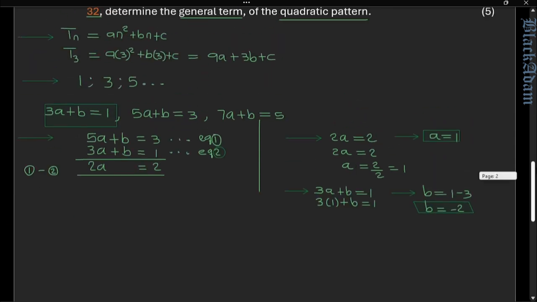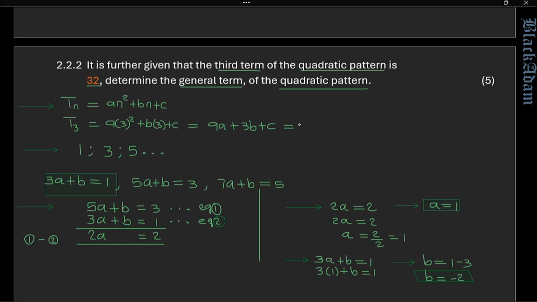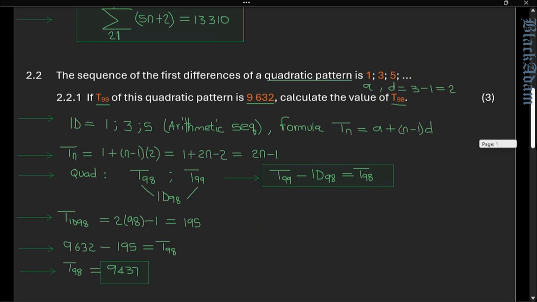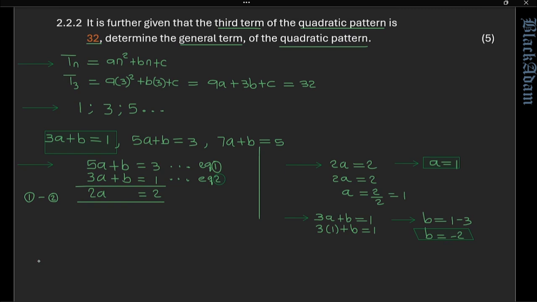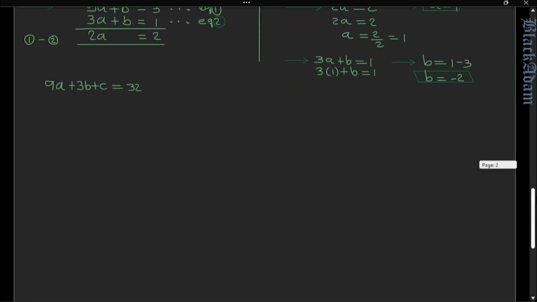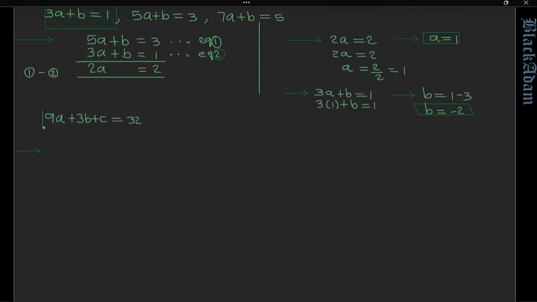And then from there we know our equation, so we need to find c. So c, we're told that term 3 is 32 from that equation. So 9a plus 3b plus c is equals to 32, and we know that a is 1 and b is negative 2, so 9 times 1 plus 3 times negative 2 plus c is equals to 32.